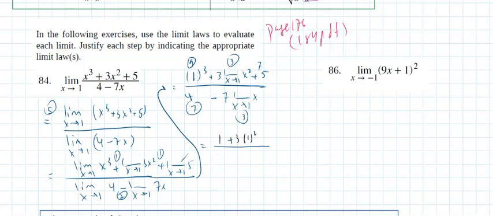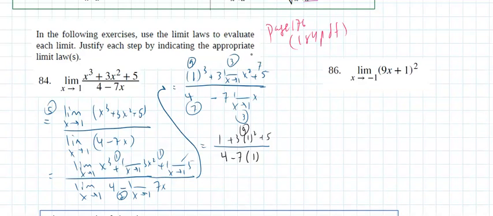What allows me to do that is substituting. And this is a 5, 4 minus 7, and the limit as x approaches 1, you plug it in.